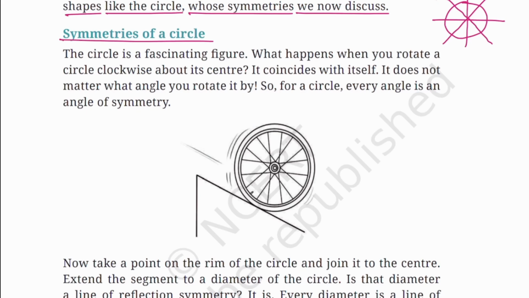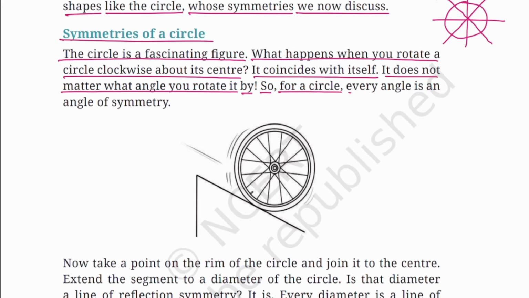Symmetries of a circle. A circle is a fascinating figure. What happens when you rotate a circle clockwise about its center? It coincides with itself. It does not matter what angle you rotate it by. So, for a circle, every angle is an angle of symmetry.